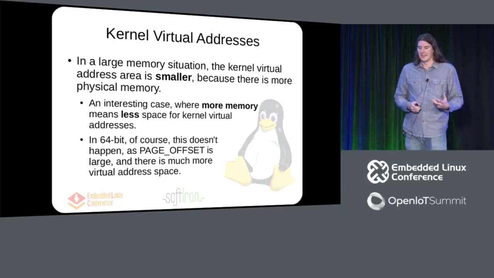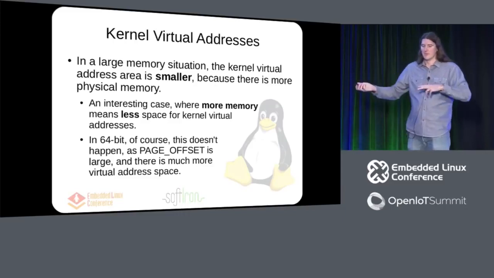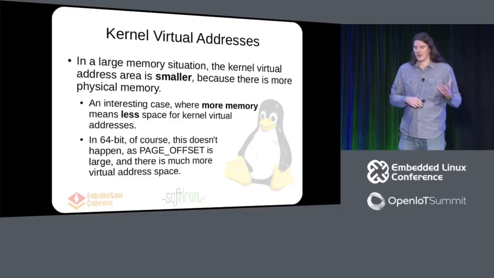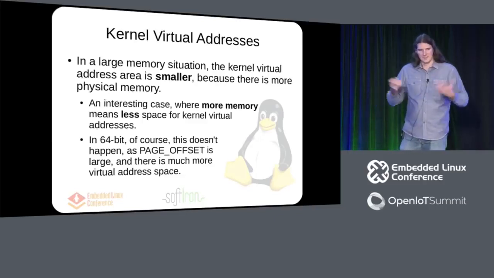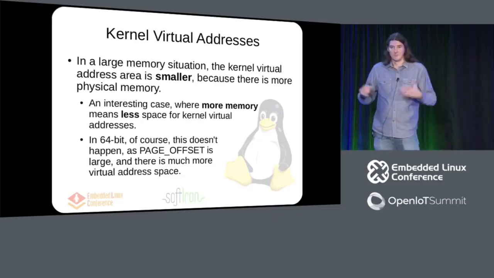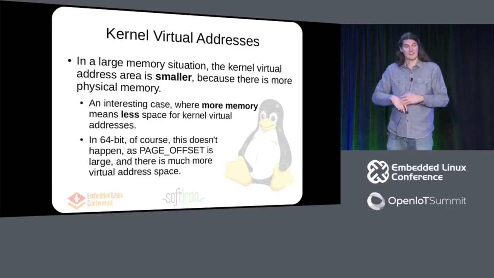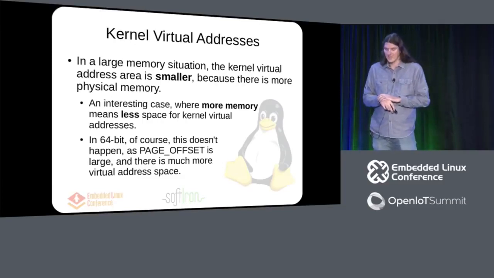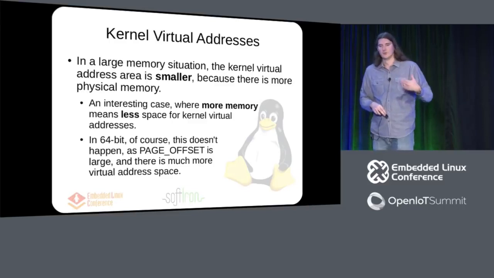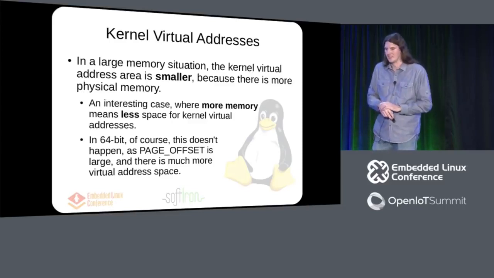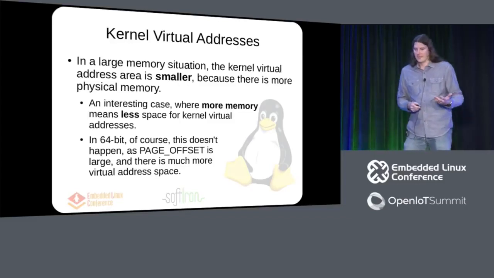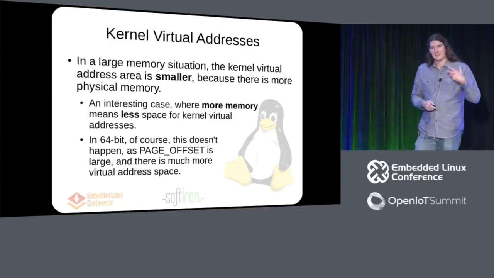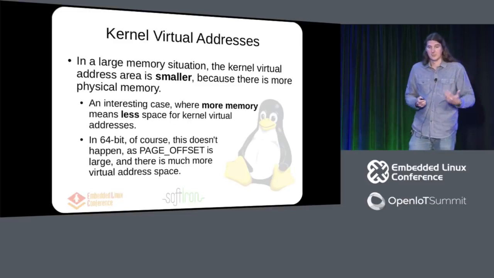This is an interesting case where, because we have more memory, there's less space for kernel virtual addresses. And it makes sense because it's a fixed pie, right? We have a fixed amount of address space, and we have more logical memory to use, so we have less area for kernel virtual addresses in the vmalloc area. And again, on 64-bit, this doesn't happen as the page offset is much, much larger.